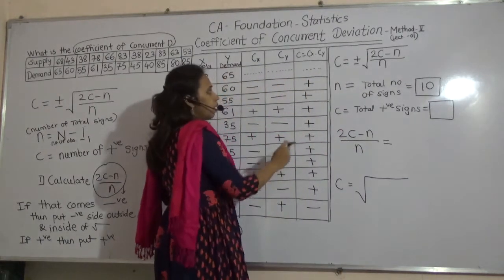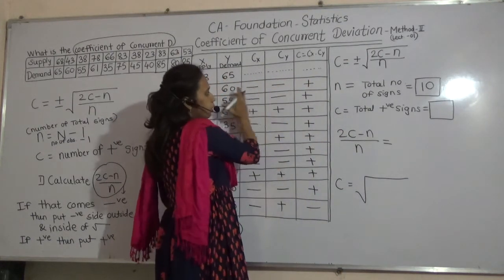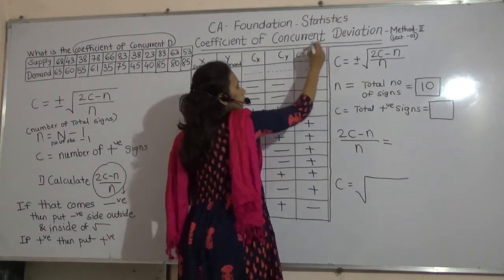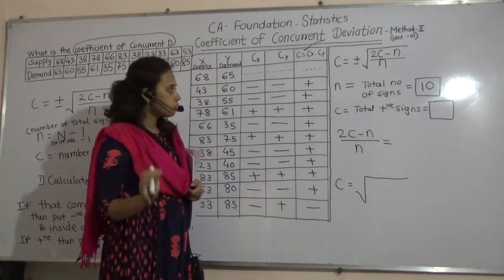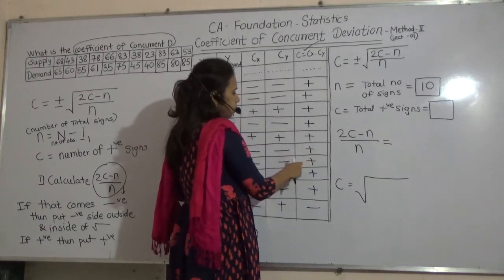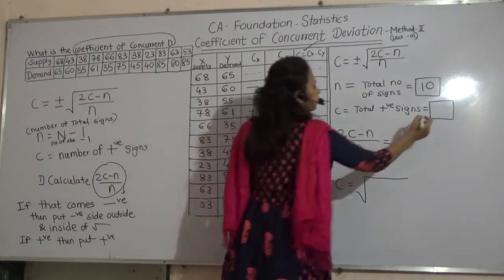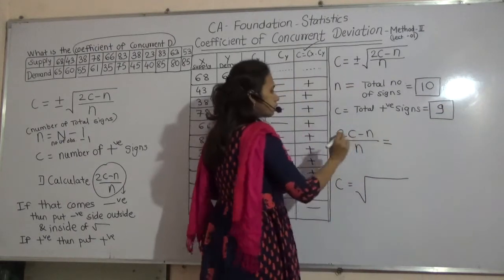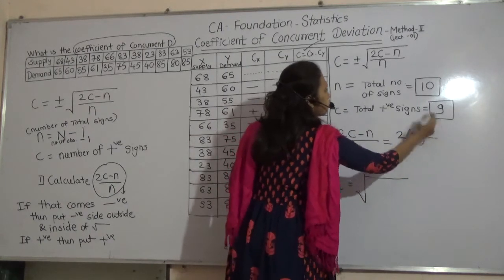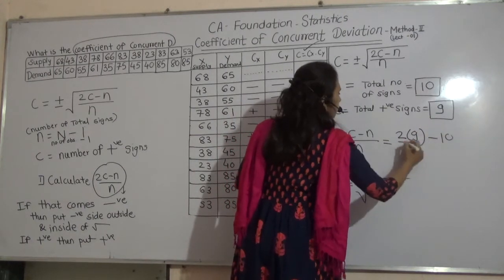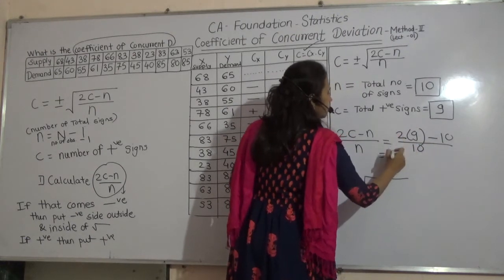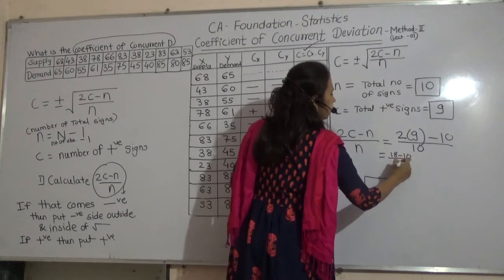The next, c, is the total number of positive signs. Ignore this part. Now we are concentrating on this part only. Total positive signs: 1, 2, 3, 4, 5, 6, 7, 8, 9. Now put this in the formula. 2 into c, which is 9, minus 10, upon 10, which will come as 18 minus 10 upon 10.